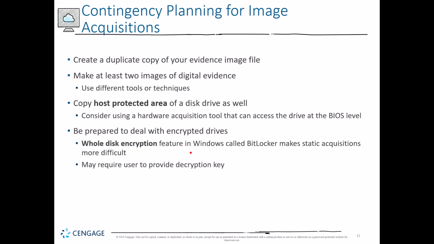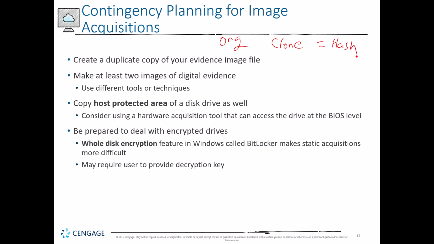So what happens when something occurs? Is there a contingency plan for image acquisitions? First of all, we have our source, we have our clone, our copy, and you always want to make sure we hash both.